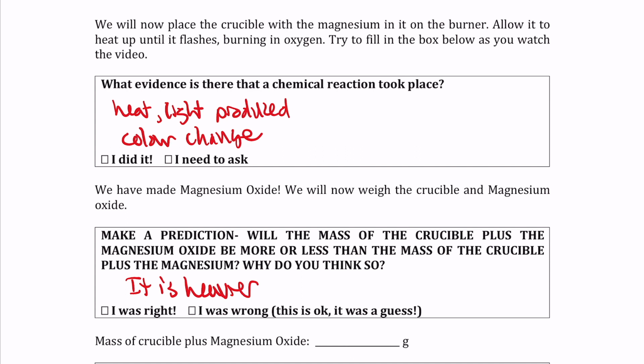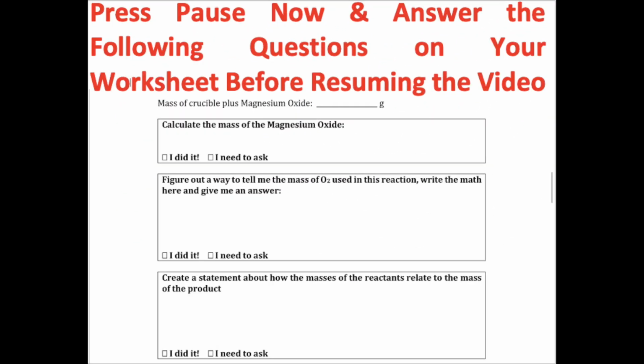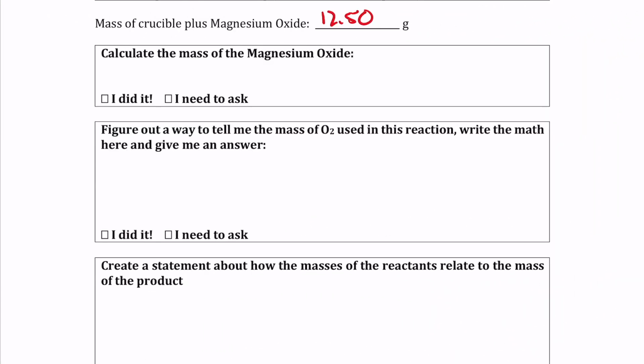And so we're going to weigh the crucible next, and we find that it is 12.5 grams. So we've weighed the crucible and it weighs 12.50 grams.